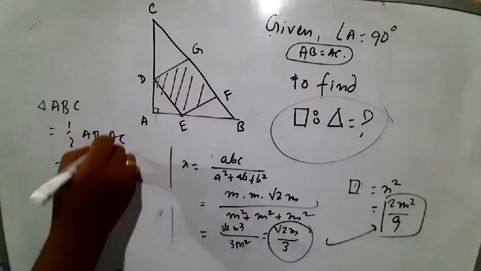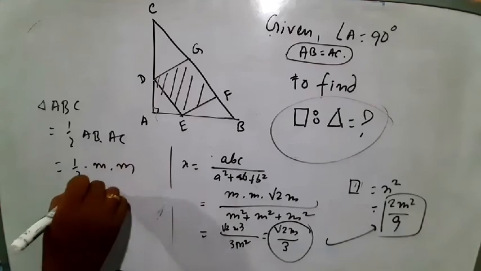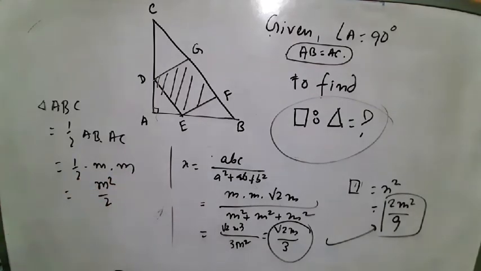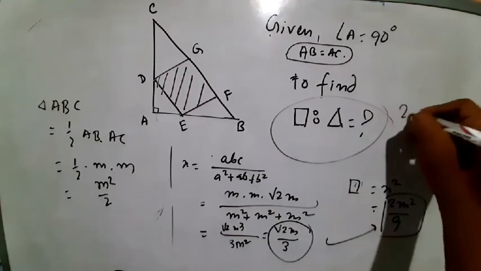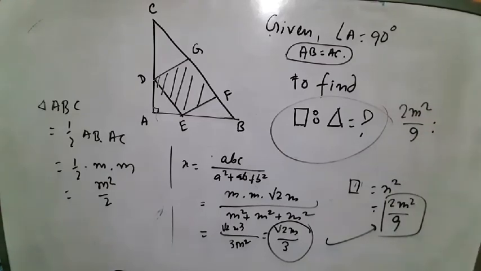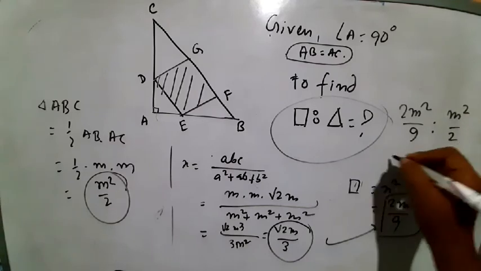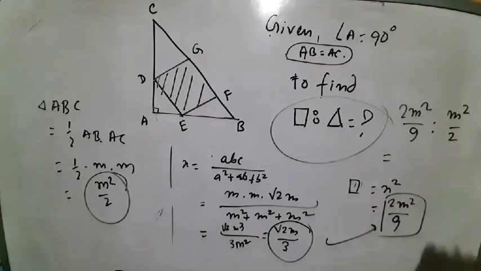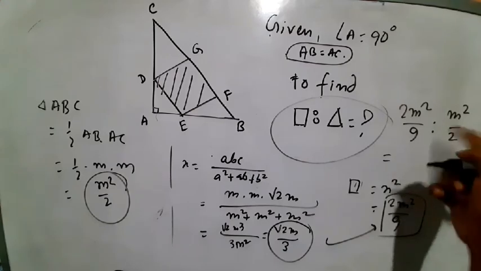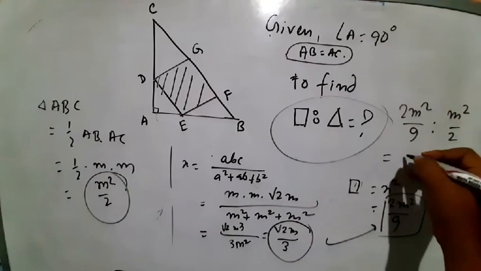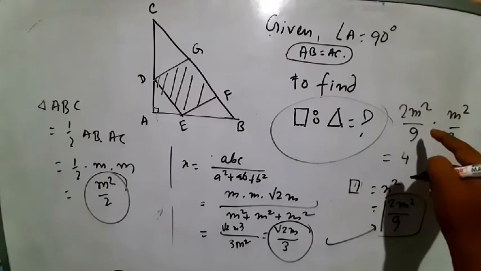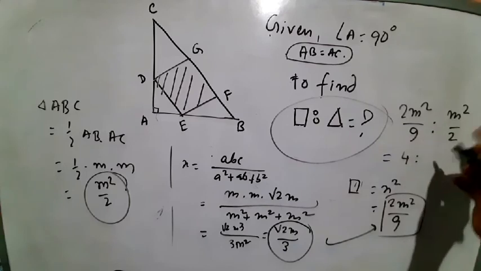AB equals m, AC equals m, that means m square by 2. So we have got it. What is the ratio? 2m square by 9 to m square by 2. Simplify it, you will find it very easily. Multiply both sides by 18, then you will get 4 is to 9.